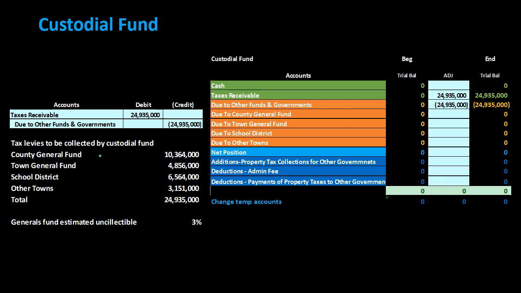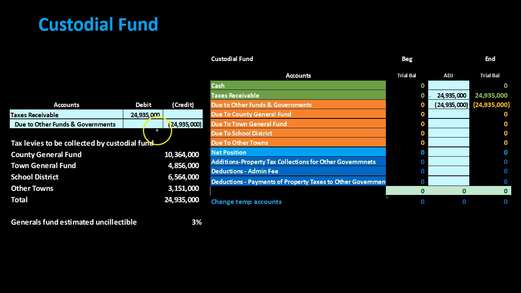So if we record this type of transaction, we're going to say that the receivable is increasing now because in essence, we're thinking that we levied the taxes, kind of like if we sent an invoice, if it was a for-profit type of organization. The other side not going to an income statement account, as you would think, if we were to process taxes or something like that, because you would think that would be revenue on an accrual basis.